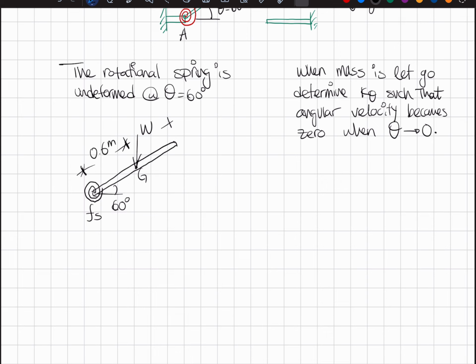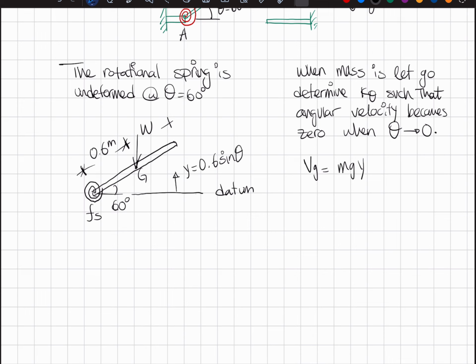So what I can also do is set this position down here as my datum, and I can say the vertical elevation going up to point G is y equals 0.6 sine theta. And theta is 60 degrees, right? If the datum is the final position when the mass drops, then what we're looking at is the initial position.